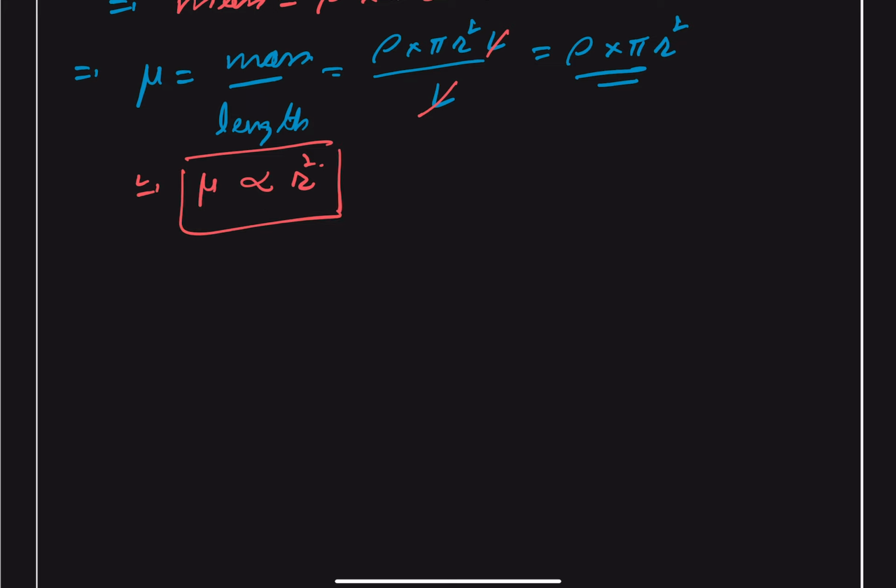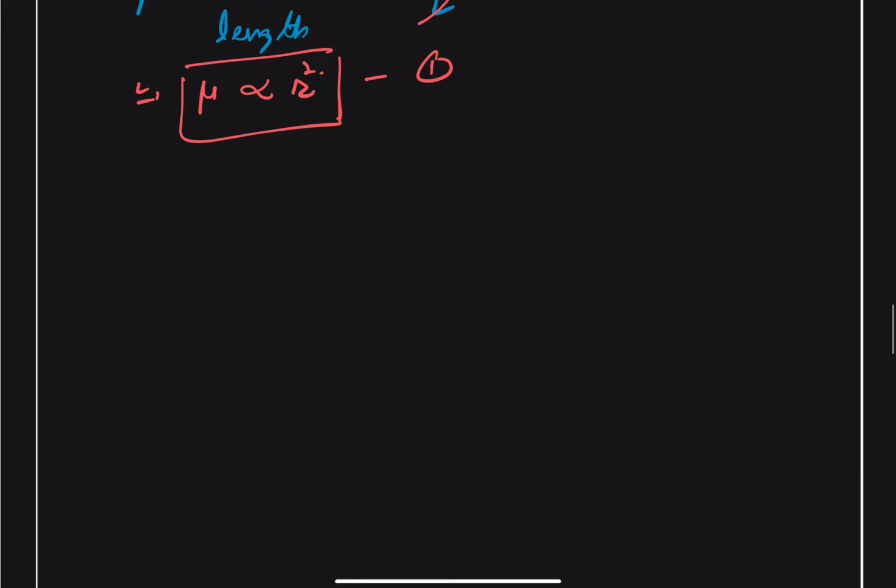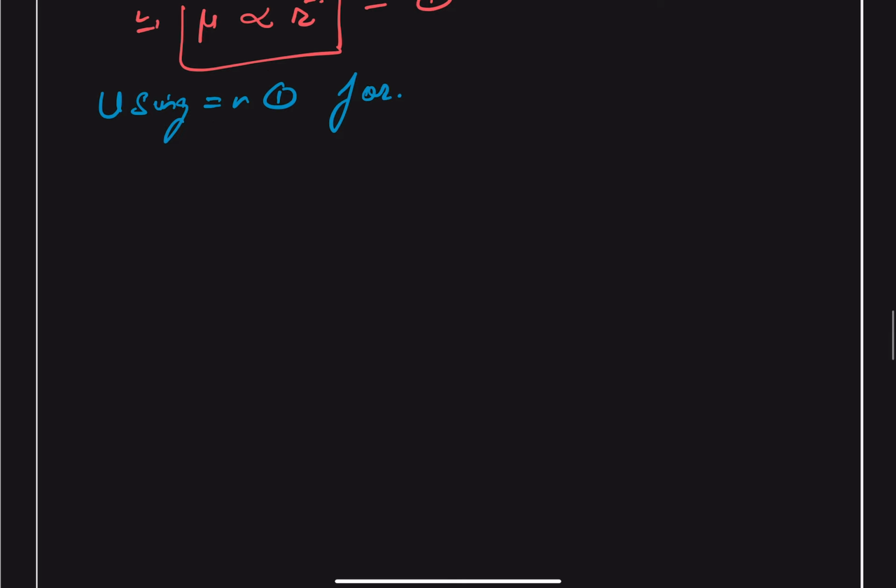Now let us apply this equation 1 for wire A as well as for wire B. First, for wire A, we can write mu A is directly proportional to radius of A, its whole square.